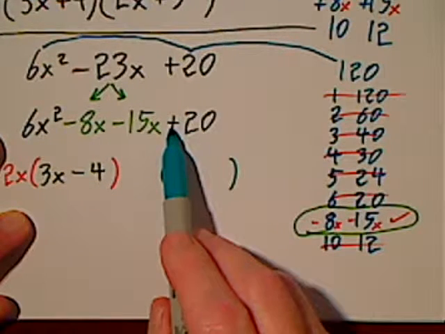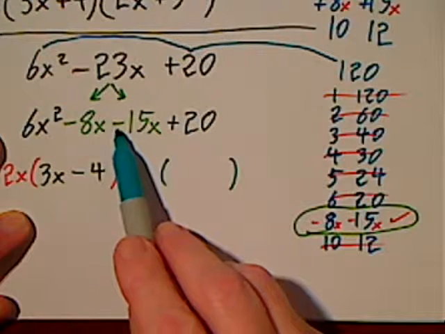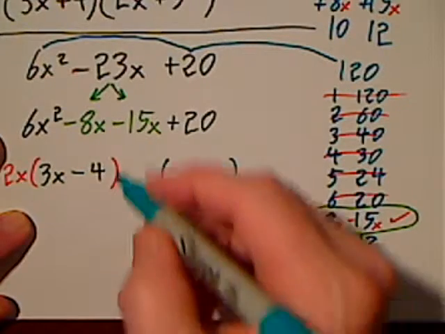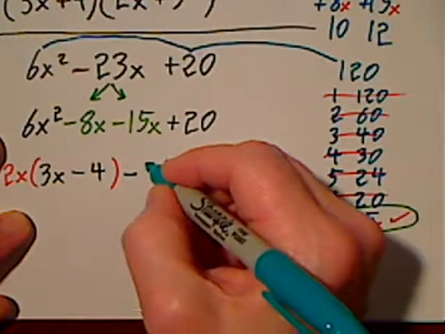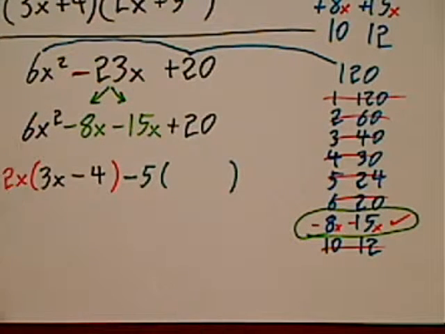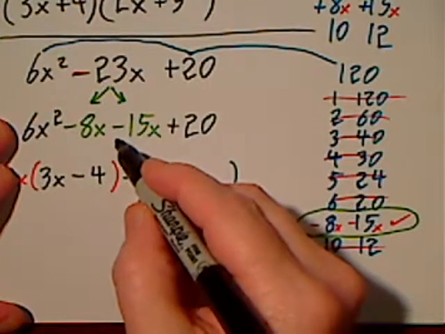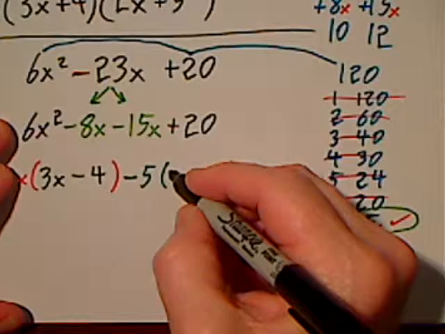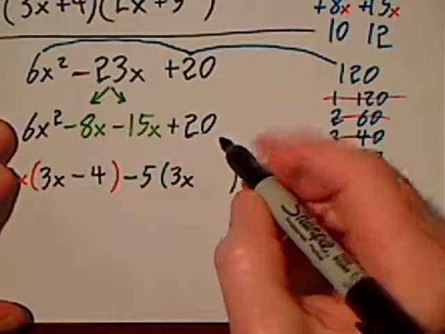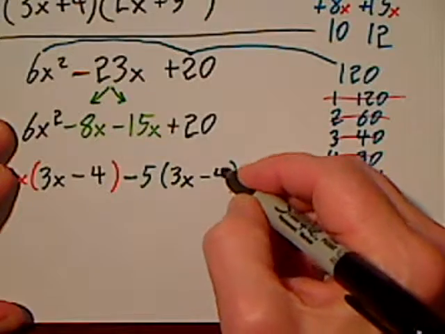Right now that's a plus 20. I have a negative 15x. So instead of just factoring out a 5, I'm going to factor out a negative 5. So if I divide this by negative 5, I'll get a positive 3x. Divide this by negative 5, I'll get a negative 4.